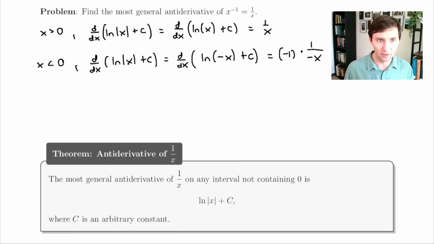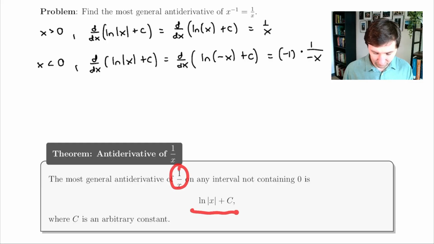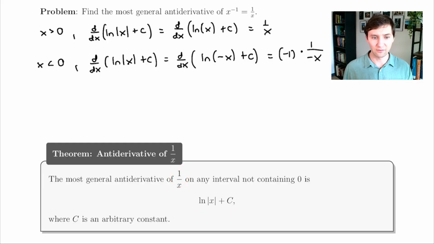It is possible that the c for x greater than 0 can be different than for x less than 0. But as long as we are dealing with an interval not containing 0, the most general antiderivative of 1 over x has the form ln of absolute value of x plus c.